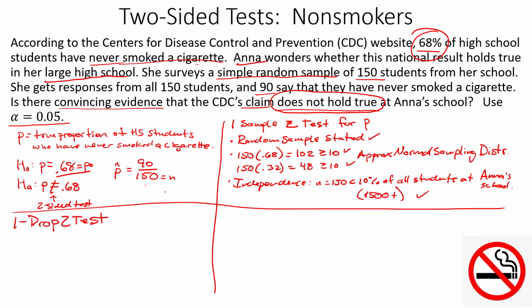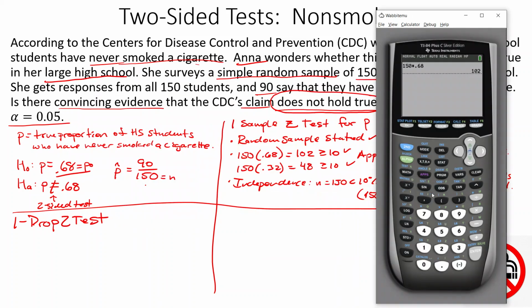Next, we go to our calculator, and this is a one prop z test. So we go back to our trusty friend here, stat, test number 5, 1-PropZTest. Our p naught was 0.68. That's what we start off with. We had 90 people out of 150 who said that they had never smoked.